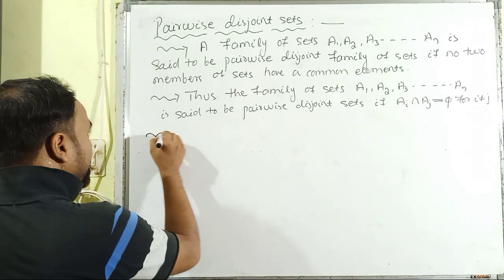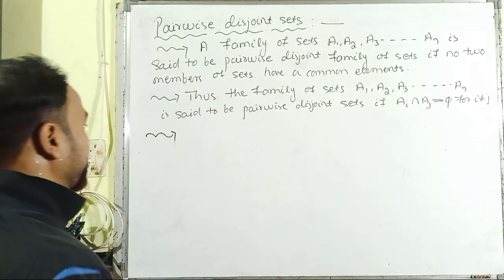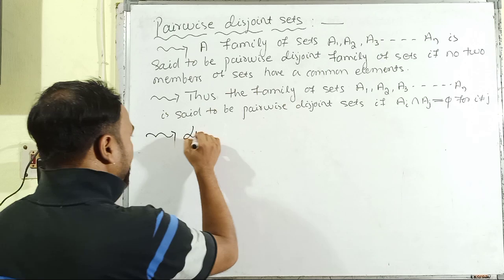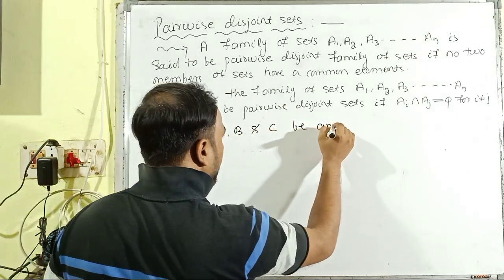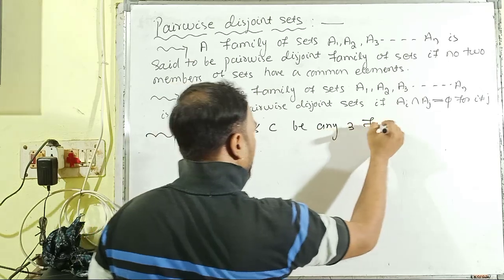Let us make the statement or the definition very simple. Let A, B and C be any three finite sets.